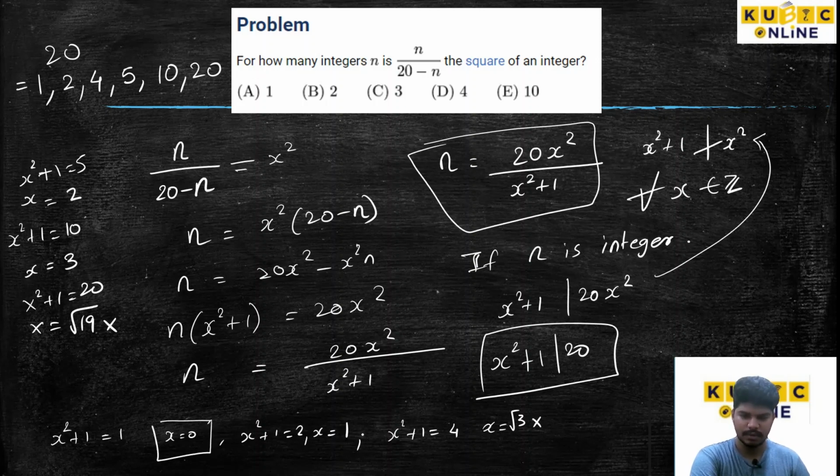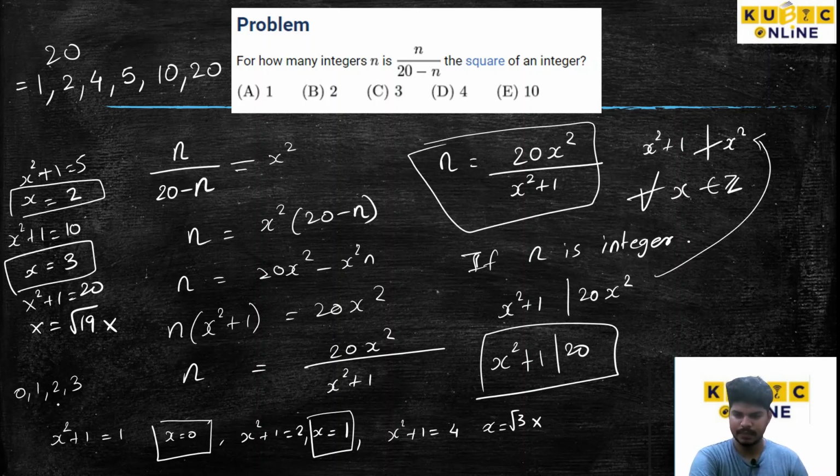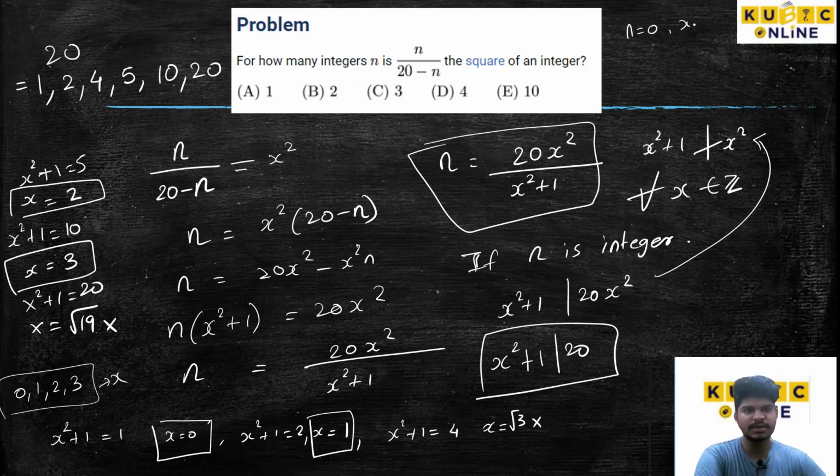So what integer values did we get? 0, 1, 2, and 3. It is x. When x is 0, 1, 2, 3, what is the value of n? Let's see. When x is equal to 0, n is equal to 0. When x is equal to 1, n is equal to 20 upon 2, so n is 10.